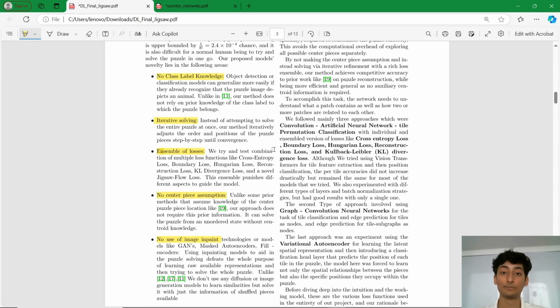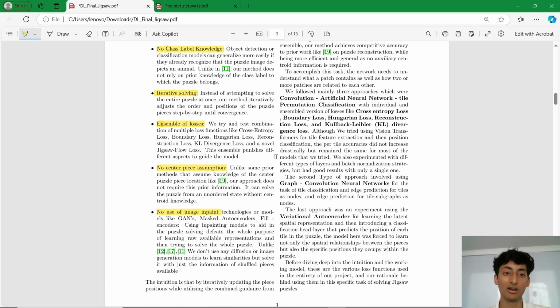Why is this important? Because as a human also, as you must have seen in the example that I gave, you look at each piece and then try to find a particular place for it. You iteratively do this again and again until you arrive at the proper solution. So we also try to mimic this in our iterative solving model.